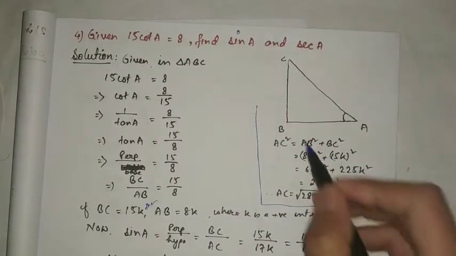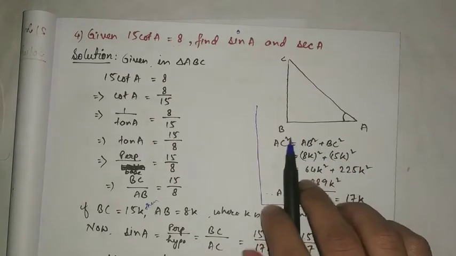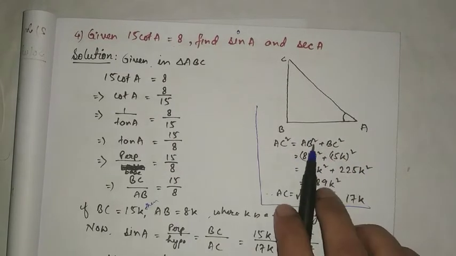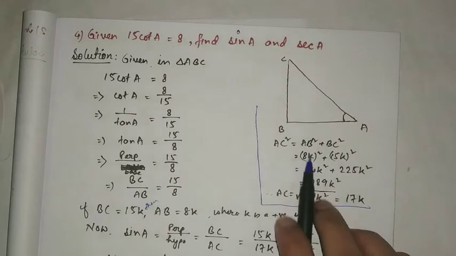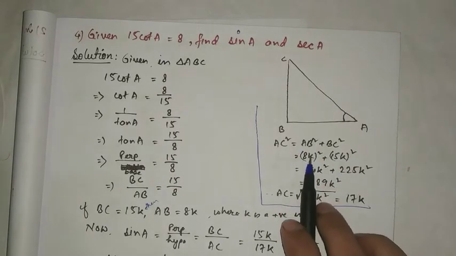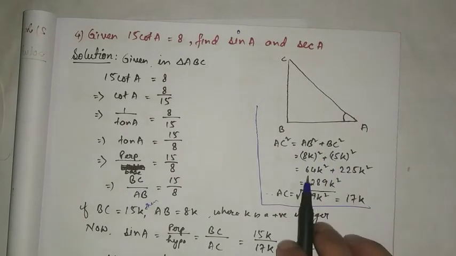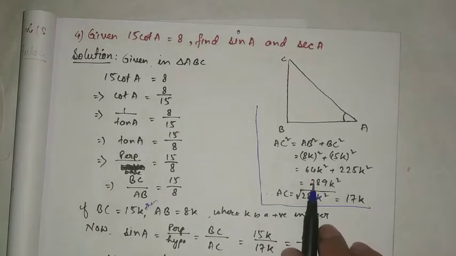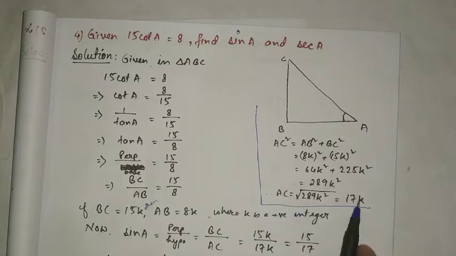And similarly, we apply the Pythagoras theorem in this triangle and thus get the value of AC square as AB square plus BC square. We put the values of AB as 8K and BC as 15K, and get the value of AC square as 289K square, which ultimately leads us to AC as 17K.